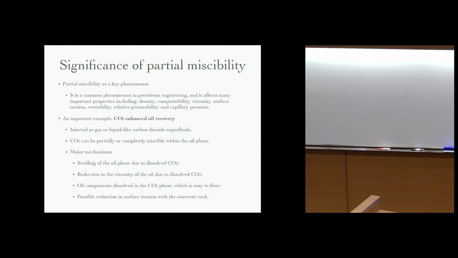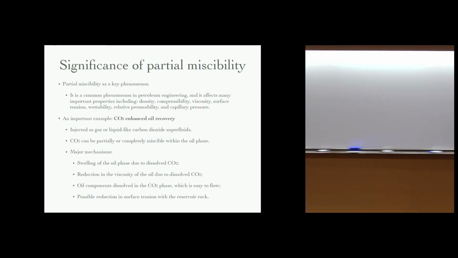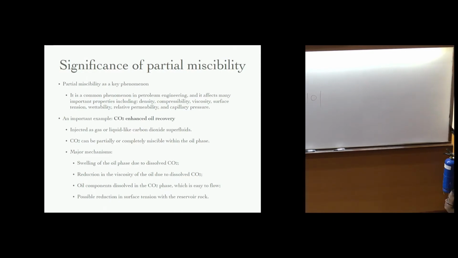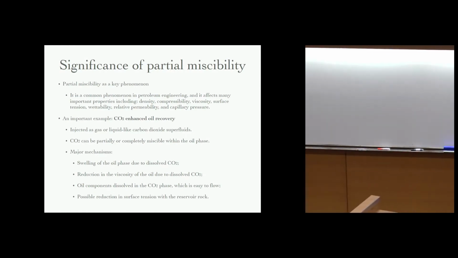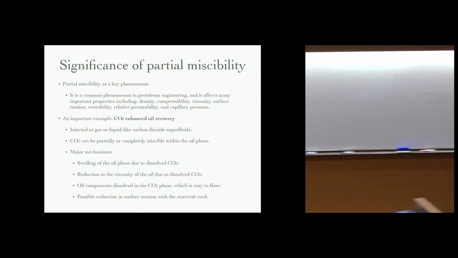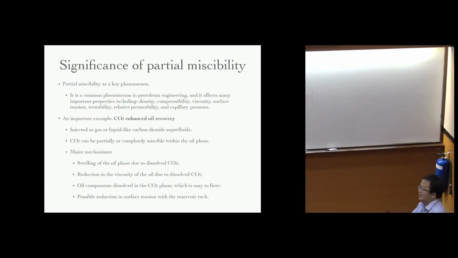They find many major mechanisms. One reason is that when you inject CO2, it can dissolve heavily in the oil phase. That causes the oil phase to swell. Because the oil phase swells, the volume of the oil phase might increase beyond the residual oil saturation, so that oil can be washed out.